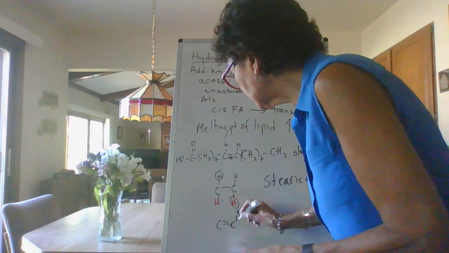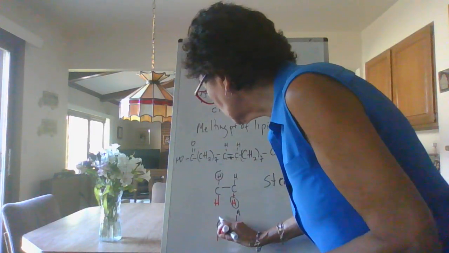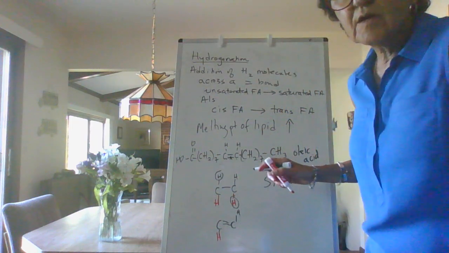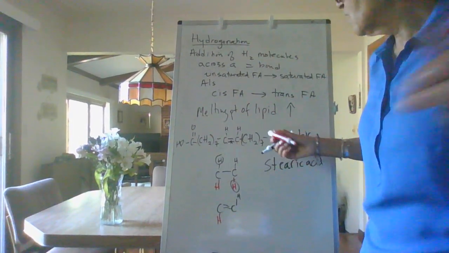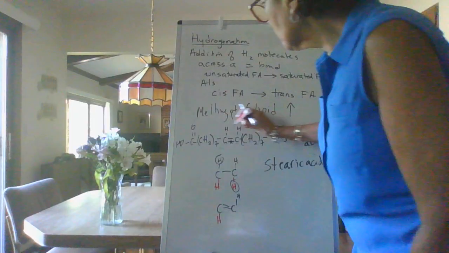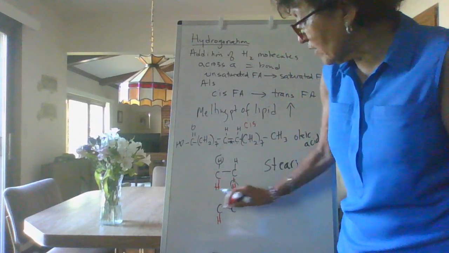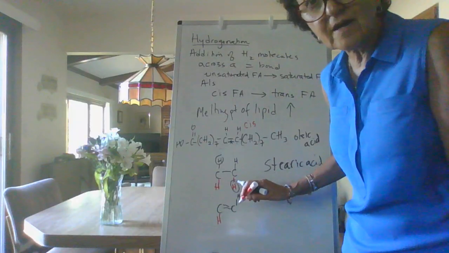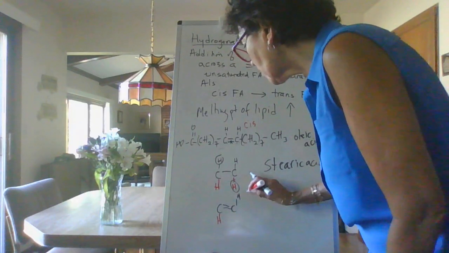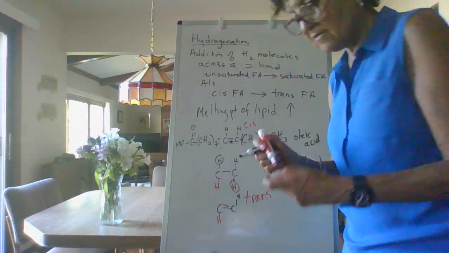But look what happened now. Instead of having the two hydrogens on the same side, when they're on the same side, it's called cis. You now have a double bond. It's still unsaturated, but now they're on opposite sides, and this is called trans.